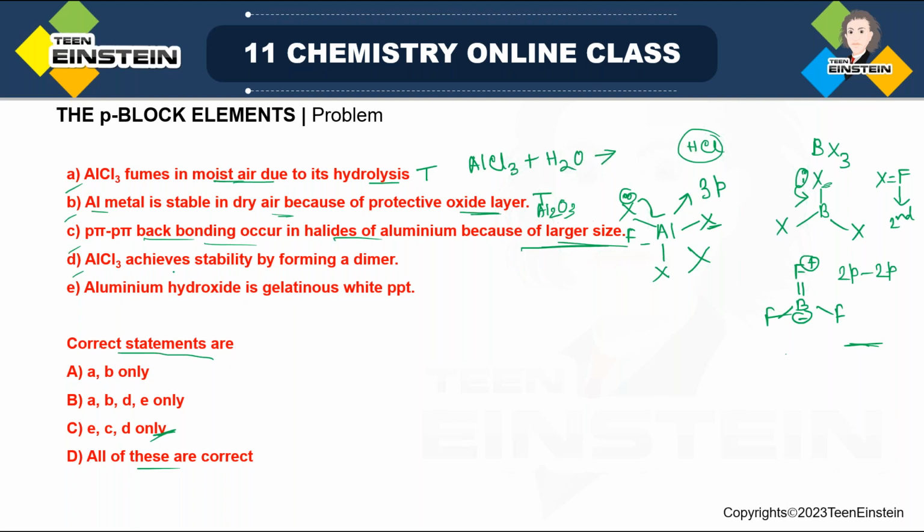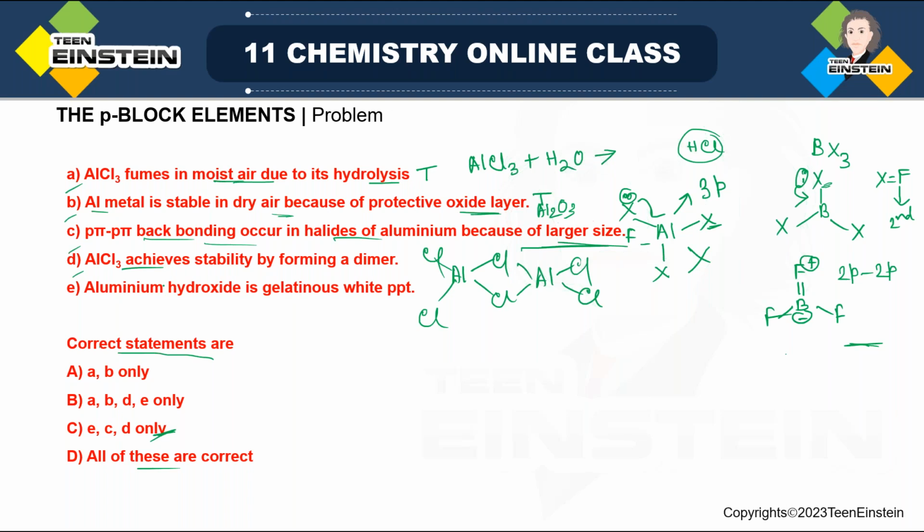Then the fourth statement, AlCl3 achieves stability by forming dimer. Now we have already seen this type of structure in the first slide of today's class, and mostly it remains in liquid or molten state, but state is not mentioned. It is simply written that it achieves stability by forming dimer, because when it is in this monomeric form, it is electron deficient.